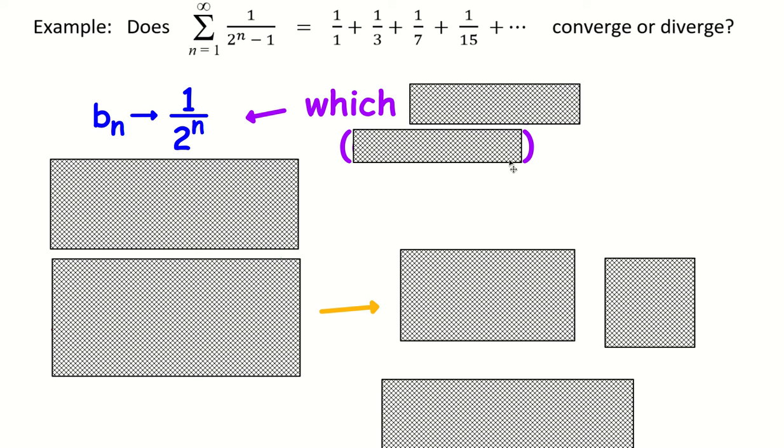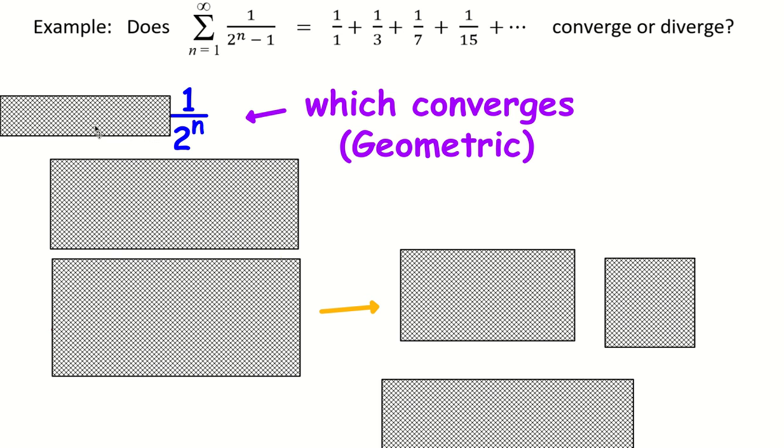I'm thinking geometric. And since your r value is 1/2, remember how the geometric test works? This would have our r value, our common ratio, as 1/2, which makes it converge. It's a magic common ratio value.